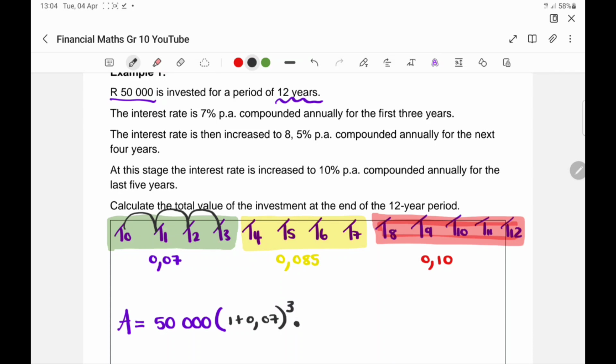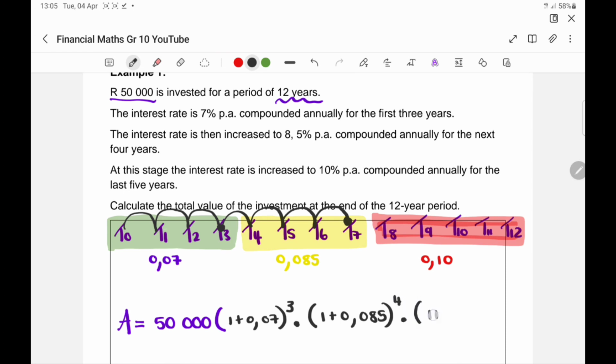Then that is going to be times 1 plus 0.085 for the next. And now I want you to look carefully. You have to start at the end where you stopped your bunny jump. That is where you're going to start your bunny jump again. Okay, you can't miss a year. So from there, it's going to be 1, 2, 3, 4 for the next 4 years.